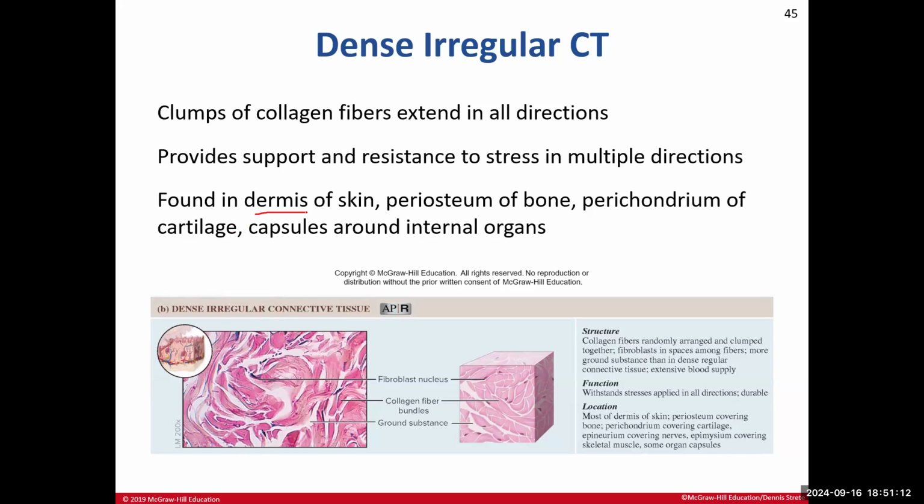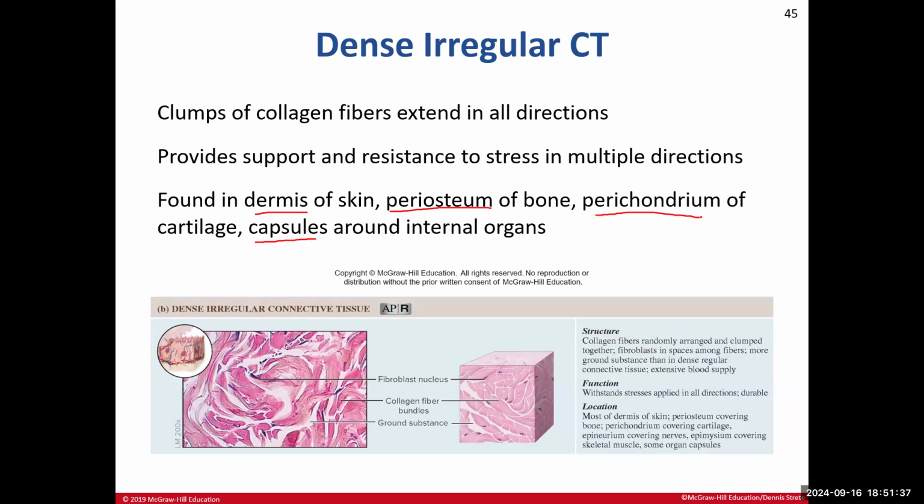So when you see capsules, that's what you should be thinking of, is dense irregular connective tissue, which is good. Because if anything attaches onto that capsule, it can pull on that capsule in multiple different directions, and that tissue is going to be able to handle that, which is a good sign, especially when we're dealing with periosteum. That's that outer layer that covers your bone. And then the perichondrium, which is that outer layer of connective tissue that covers your cartilage.